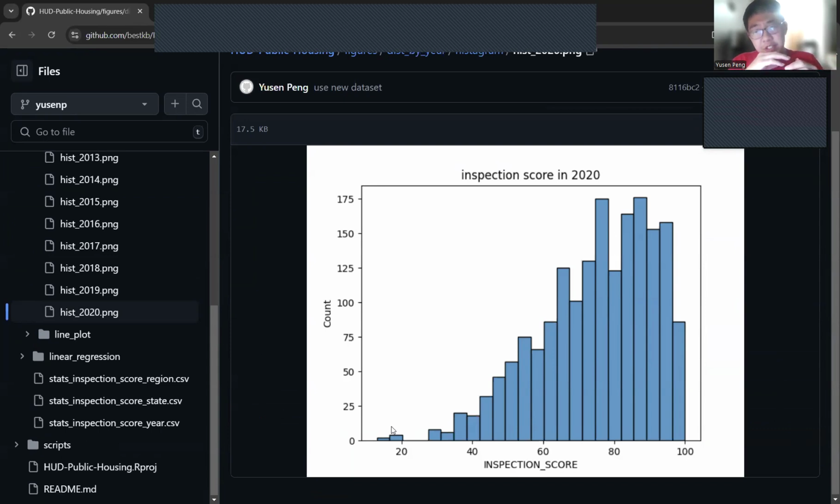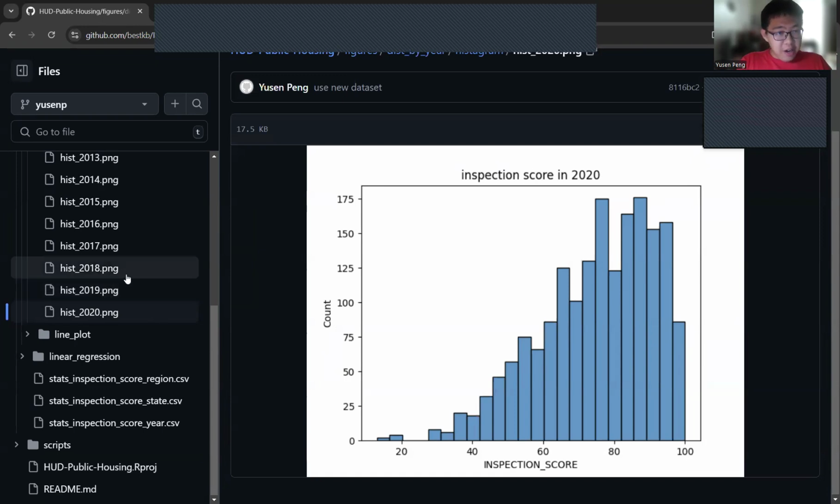It's the distribution of the inspection score within one year. If we look at this plot, you see most of the observations are probably 70, 80-ish. So within 2020, we see this distribution of the inspection score.